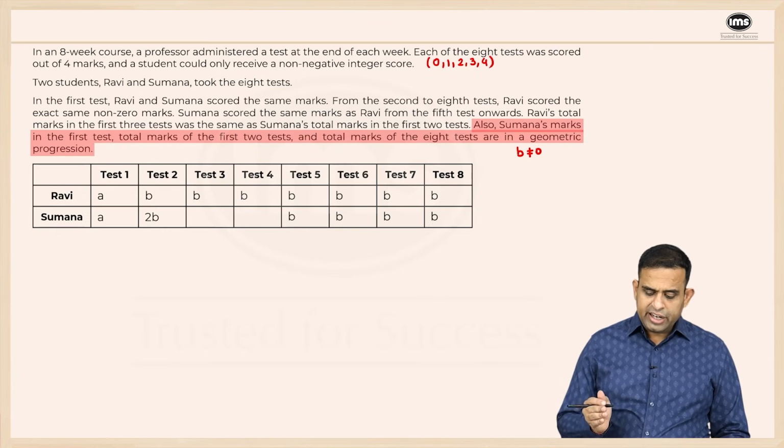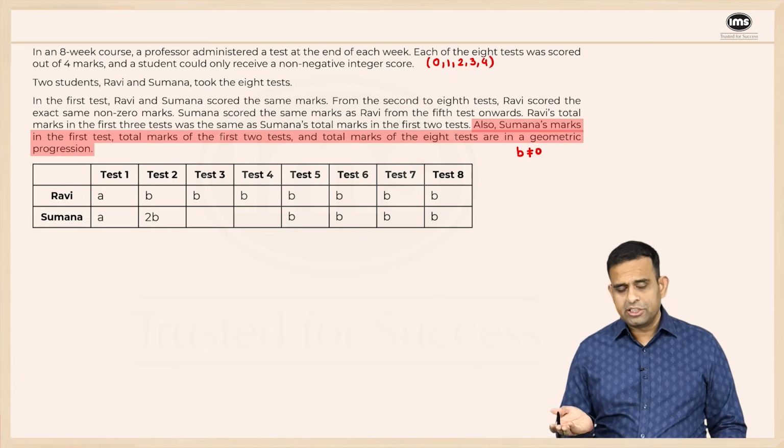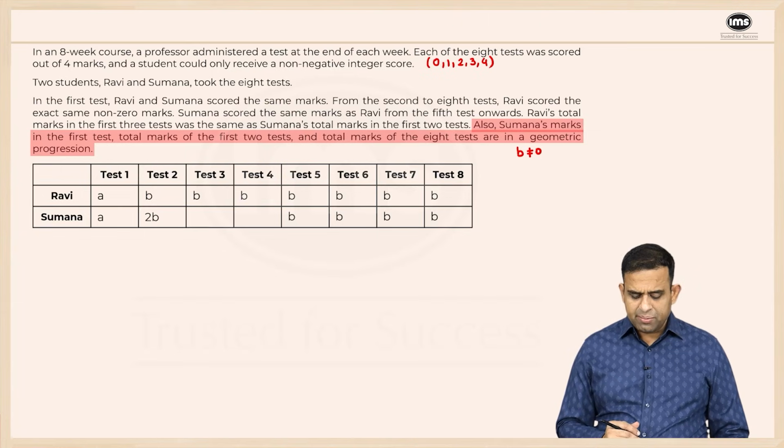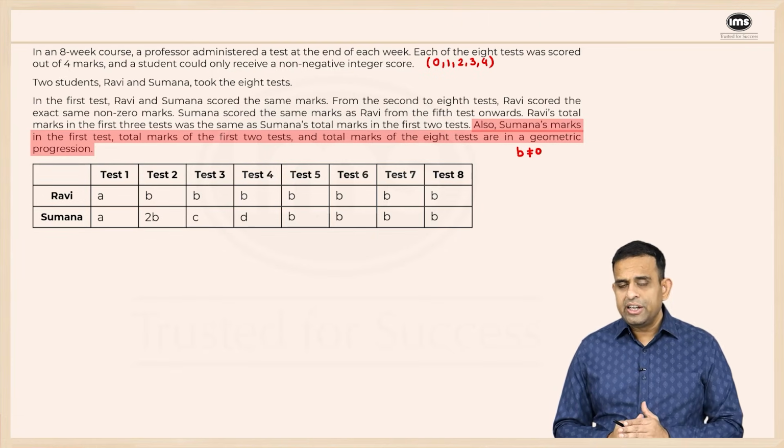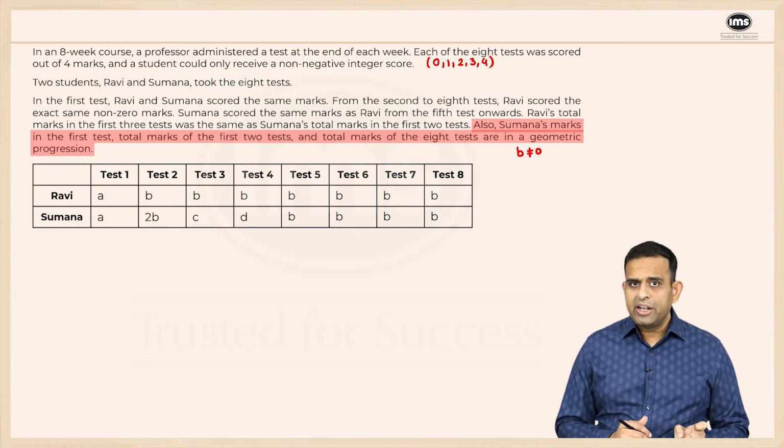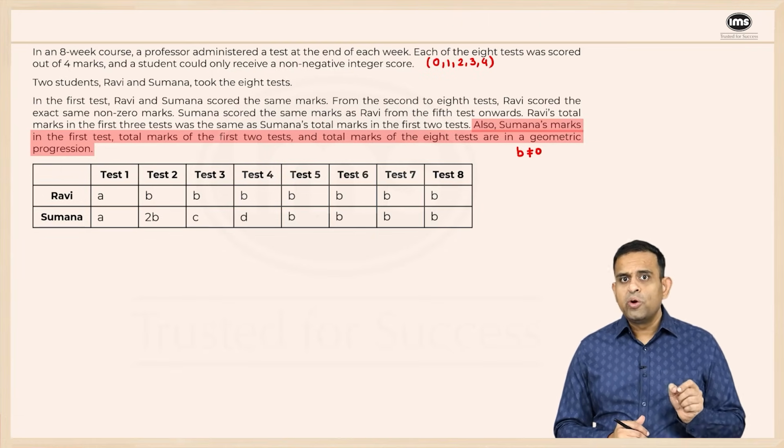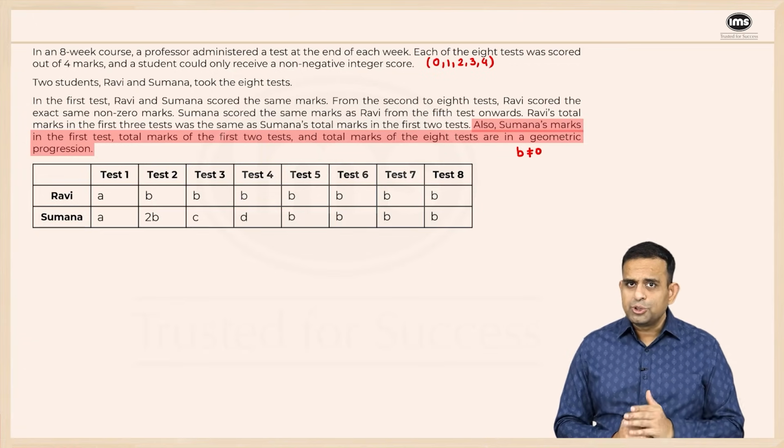And total marks of the 8 tests are going to be in a geometric progression. Suppose I take some other variables, that Sumana has scored c and d marks in test number 3 and test number 4. Then what about this sentence? Sumana scored a marks in test 1. Sumana has scored a plus 2b marks in the first 2 tests put together.